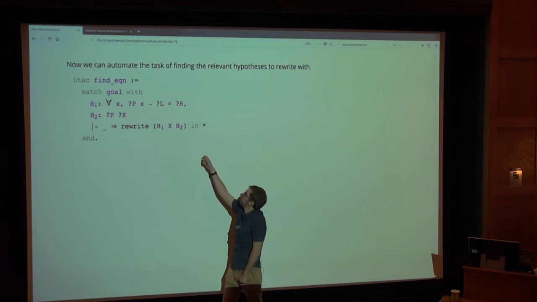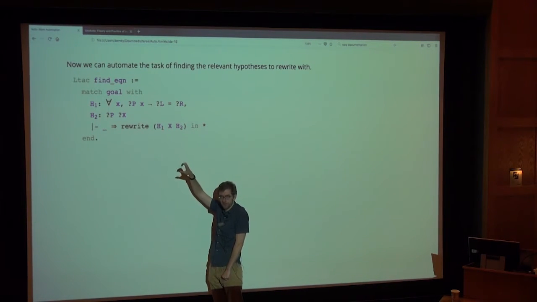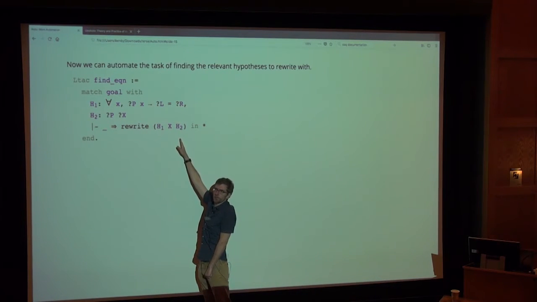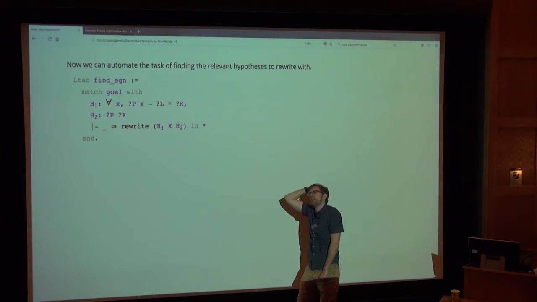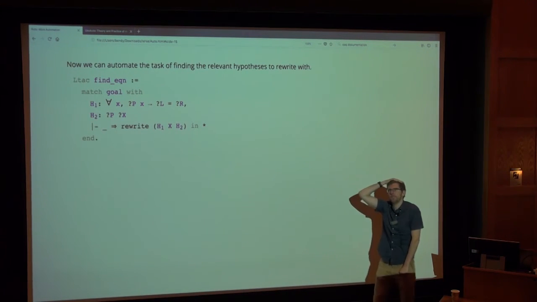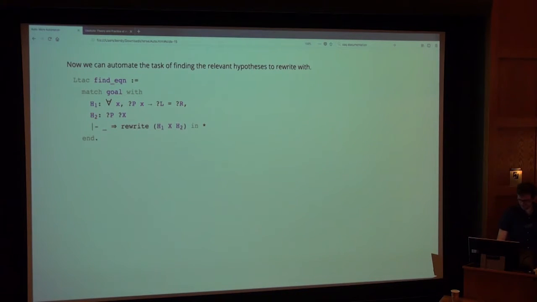And so in order to fully apply H1 to get the conclusion, we need to supply it with a concrete x and then proof that x satisfies this condition P, right? And that's what's going on here. I don't know if that answers your question properly.